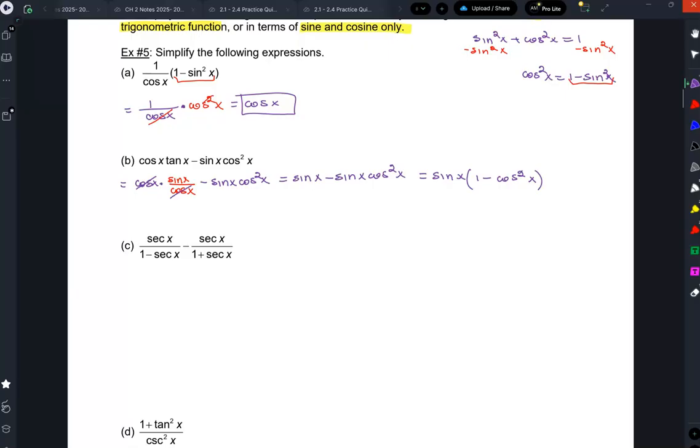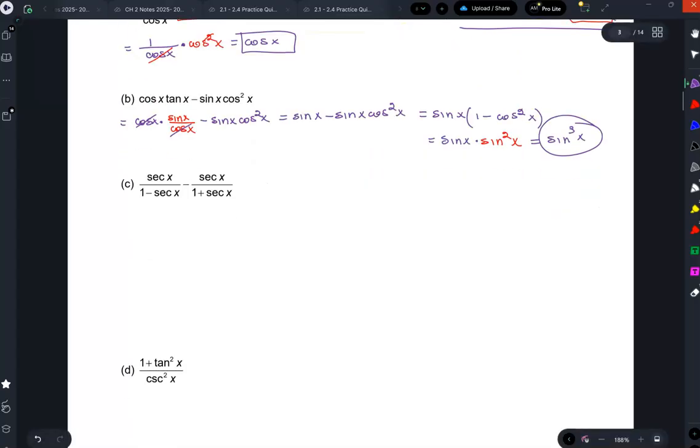What is 1 minus cosine squared x, though? Sine squared x is right. So this is sine x times sine squared x for a total of sine cubed x. You see that? Okay?